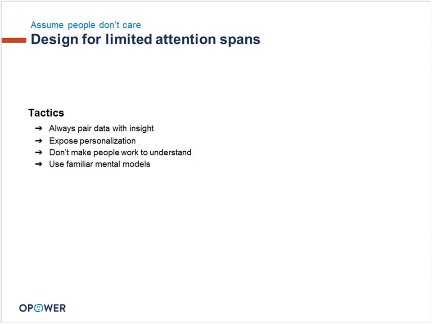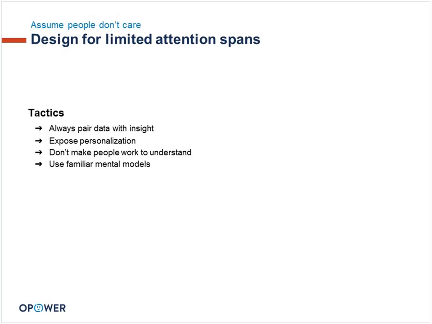So some of the tactics we use are always pairing data with insight, never just showing people raw data or charts and graphs without giving them some interpretation of why it's meaningful. Exposing personalization, so letting people know if something has been chosen especially for them, it makes it more relevant to them.